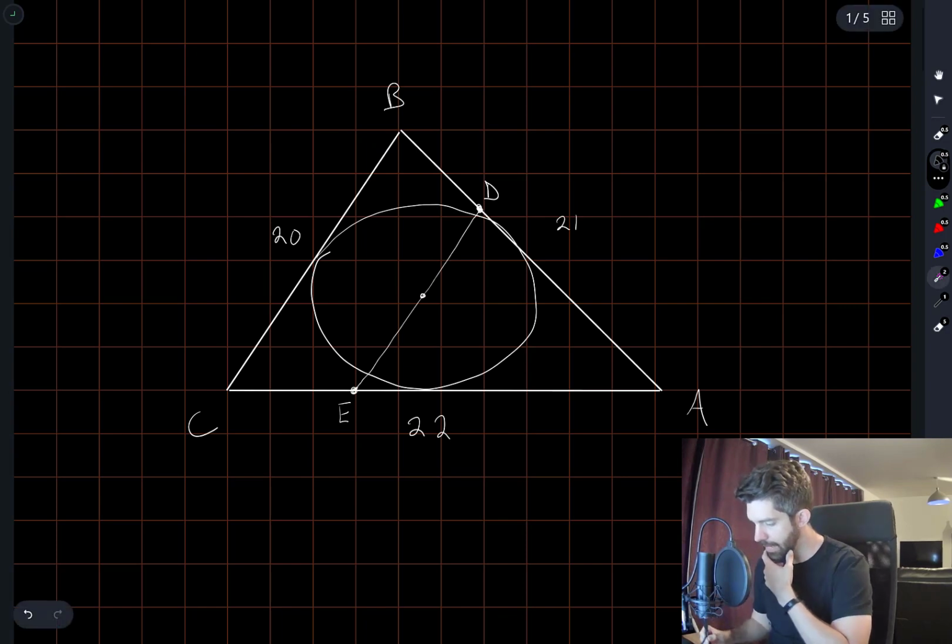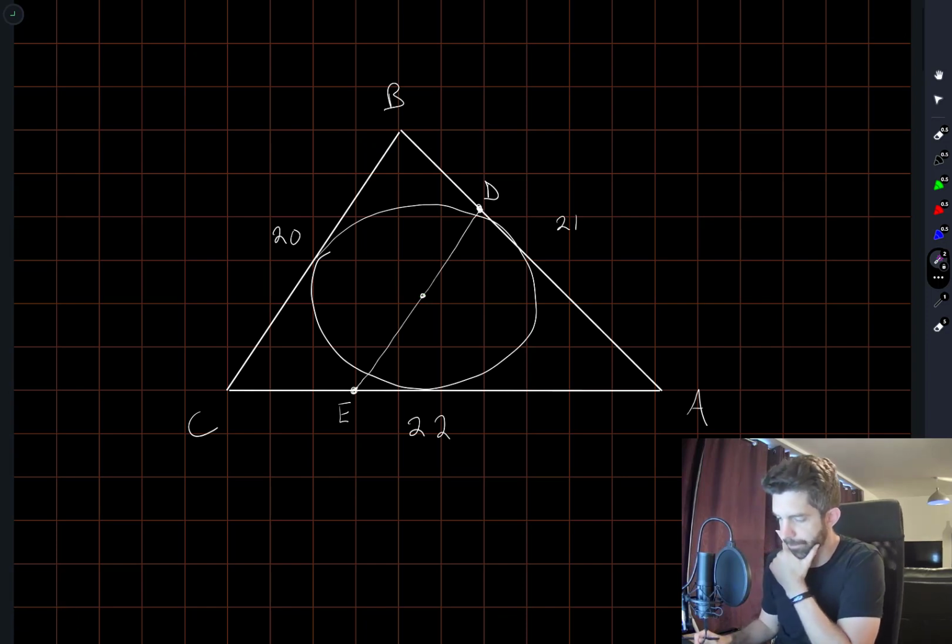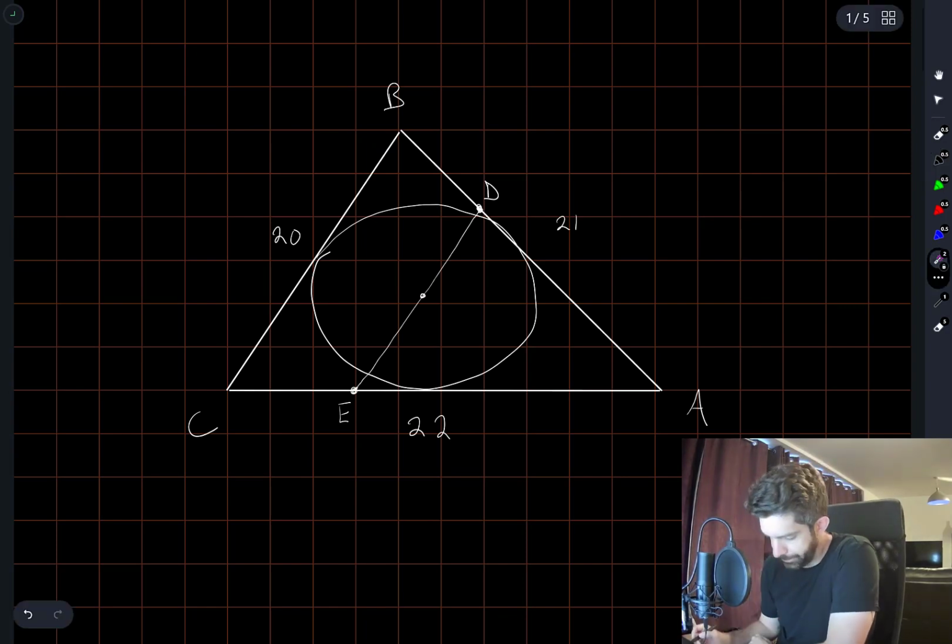Yeah, so DE, this line segment is parallel to BC, and the center of the inscribed circle is on the line segment DE. So essentially, we need to find the length of the line segment DE. And based on the way the question is phrased, it's a rational number.